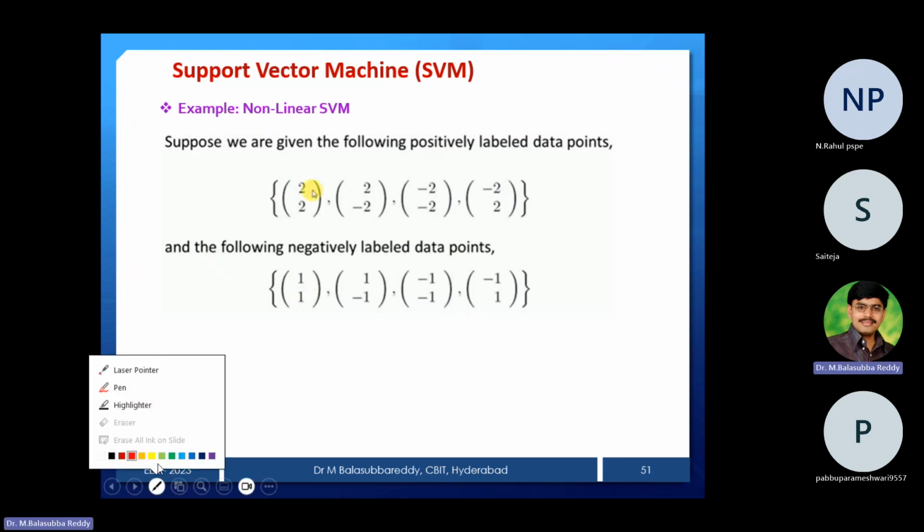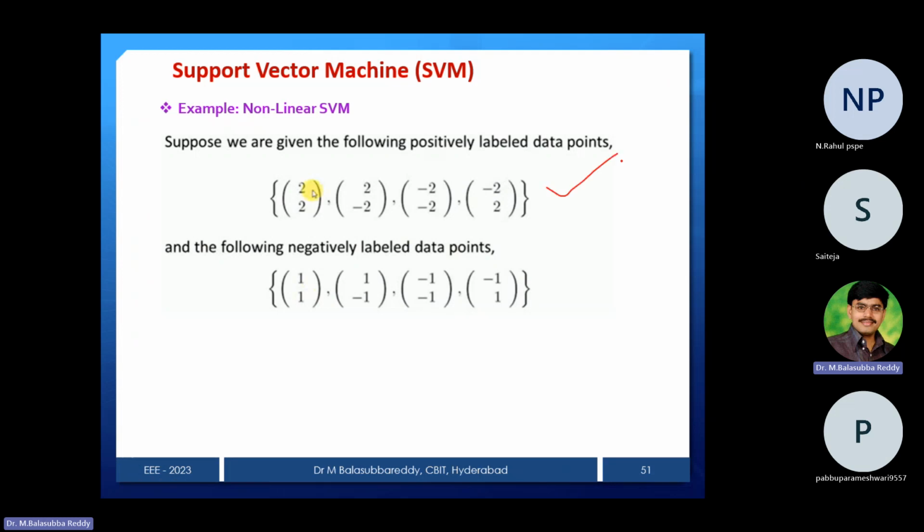So what we have is the points as usual. There is positive labeled data and negative labeled data. What we have to do is make a plane first. As per the previous linear support vector machine, now also we have to make points on the x-axis and y-axis.